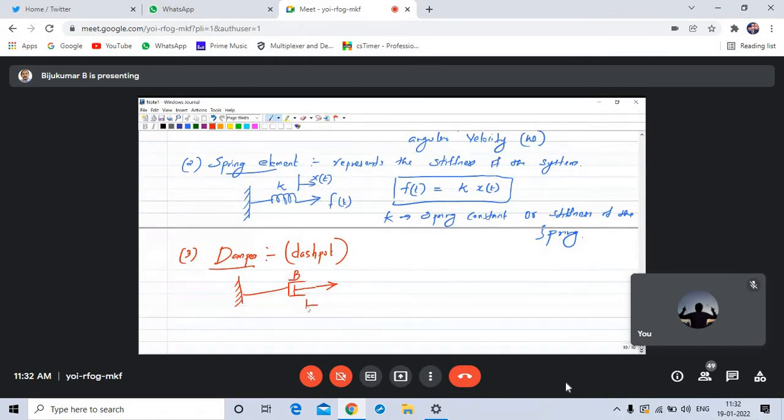Here also let x be the displacement, f of t the force applied to the damper. We can write f of t is equal to b times d x of t divided by dt. It will be a first order derivative. For mass, it will be second order.